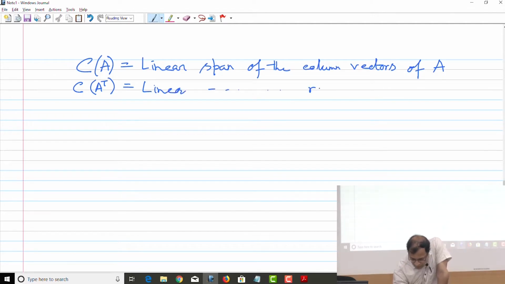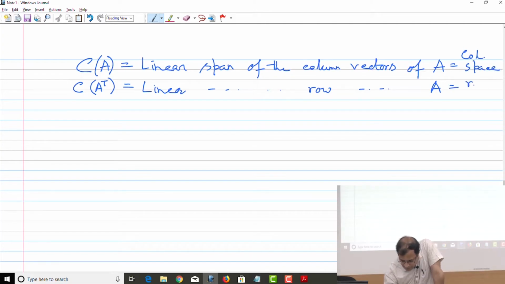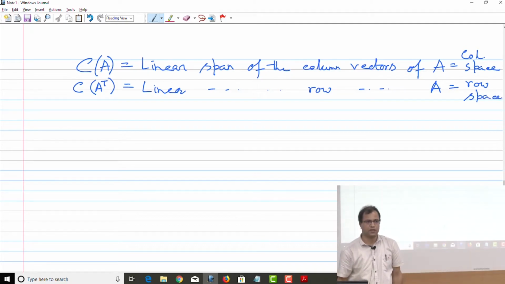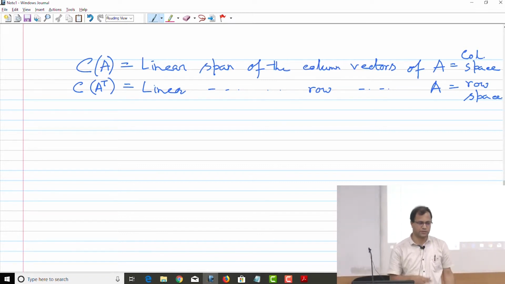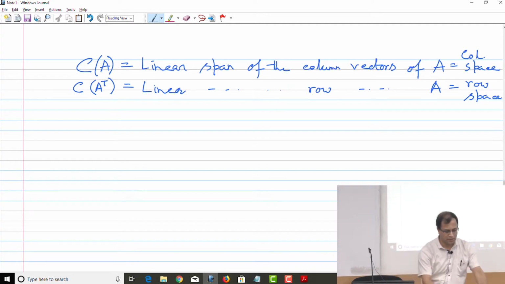So this is the column space, and this is the row space. Basically, for finding the solvability of a system of linear equations, we need to understand these two subspaces. Both of these will be subspaces.